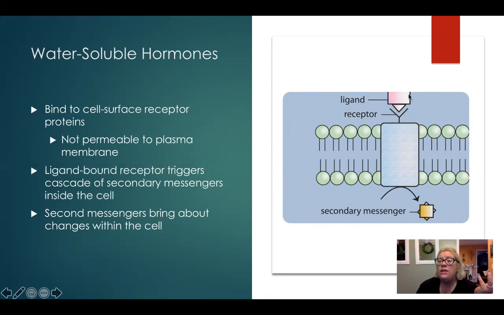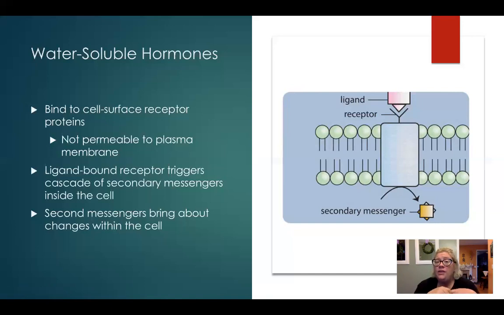The hormone brings the initial message, the hormone binds to the receptor, and then this receptor's job is to basically go ahead and pass that message on to the secondary messenger, which is going to do the work on the inside of the cell. First messenger, hormone on the outside, the cell surface receptor is going to transmit that message to the secondary messenger that is going to transmit that message inside the cell.